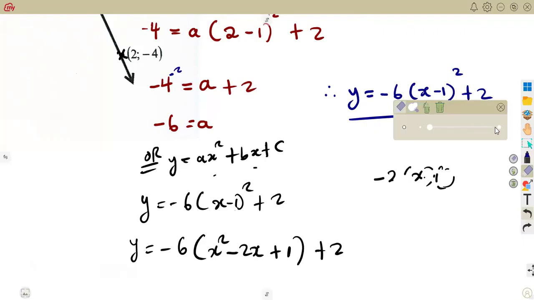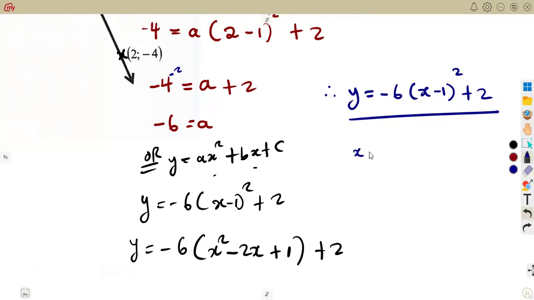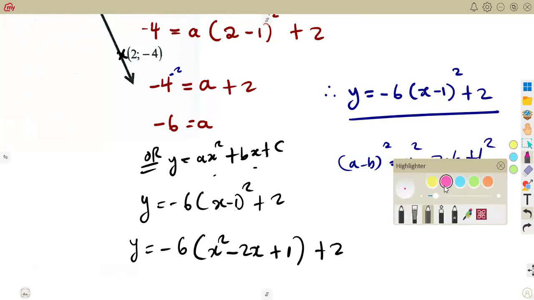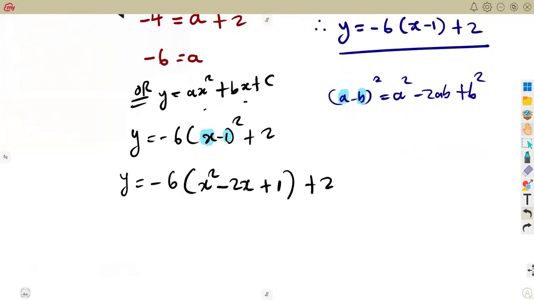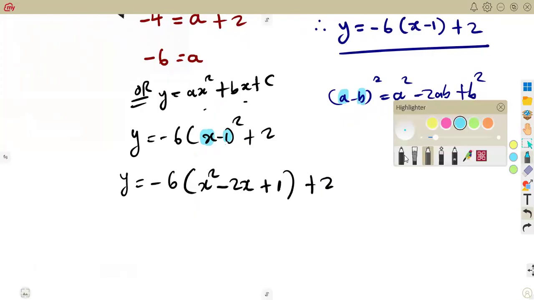Still, you're going to have the same answer. But in that case, I simply used, remember, a and b: a minus b squared is equal to a squared minus 2ab plus b squared. So you can even use this concept where we've got our a and our b separated just like this. This is your a and 1 is your b. So that is what you're going to have after expanding in any way that you understand.